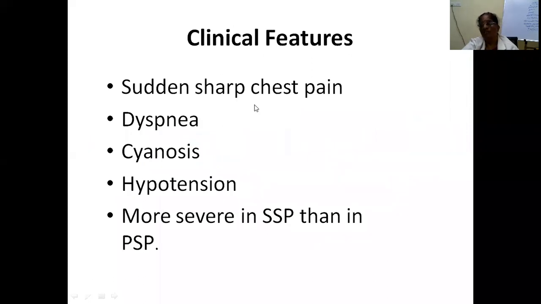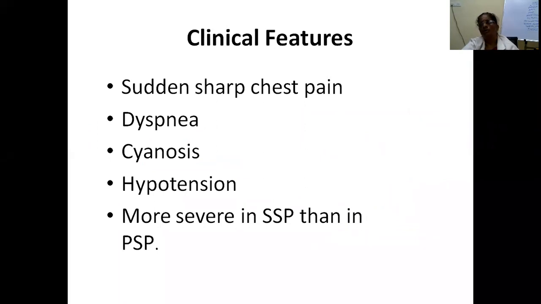So the clinical features: there will be sudden sharp chest pain and acute dyspnea. Not like other effusion cases. Pleural conditions other than pneumothorax will have hardly any pain except acute pleurisy.